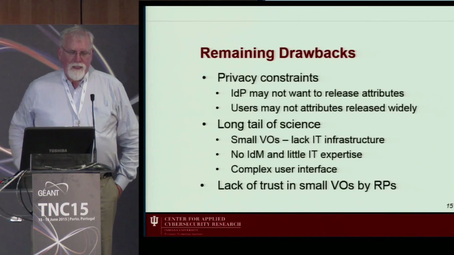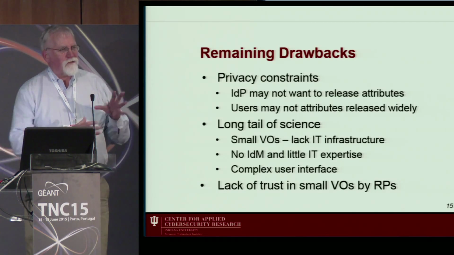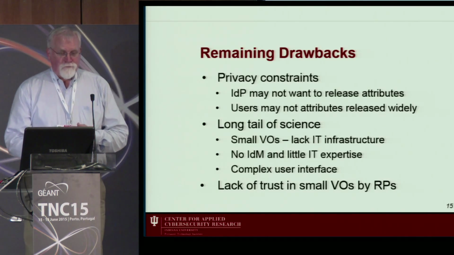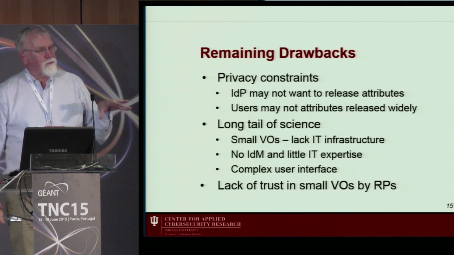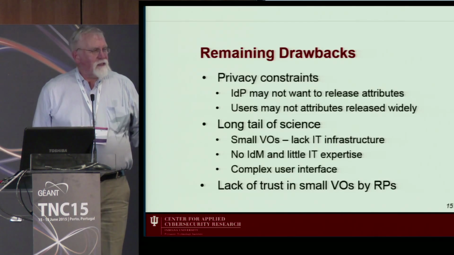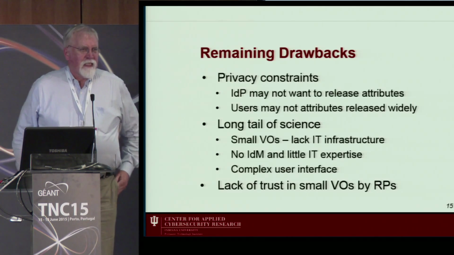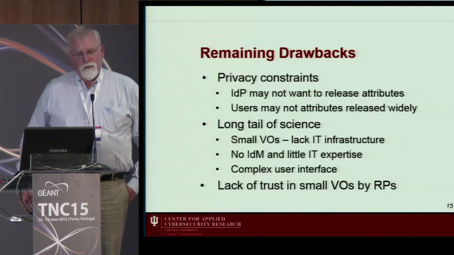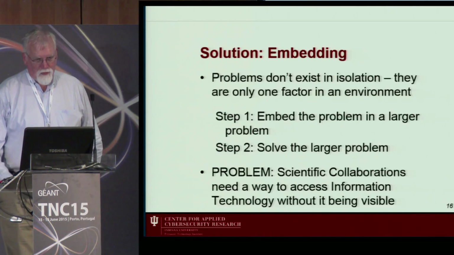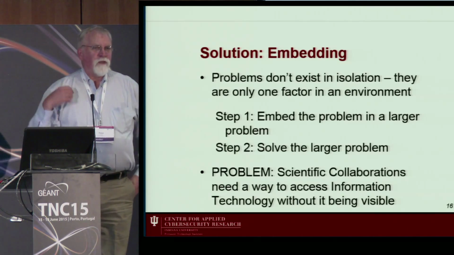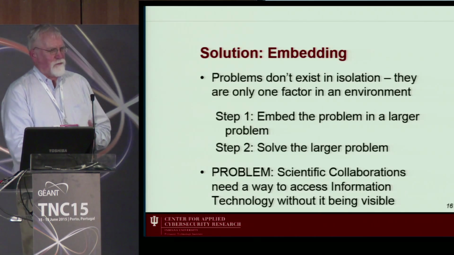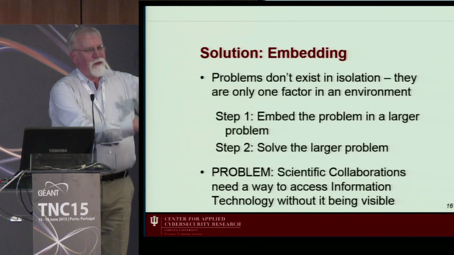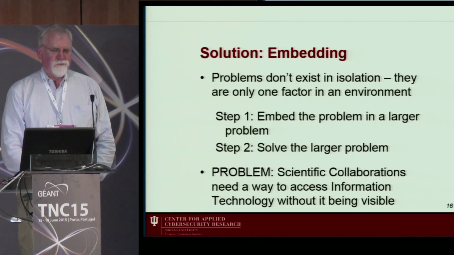So we see this long tail of science is going to be a really big problem potentially in the future. There's also, at these small VOs, because they do not have much expertise in IT or in identity management, the resource providers don't particularly want to trust them. So what do you do with a problem like that? You want to have a transitive trust model. You want to have the work done by the VOs, except that you can't trust them.